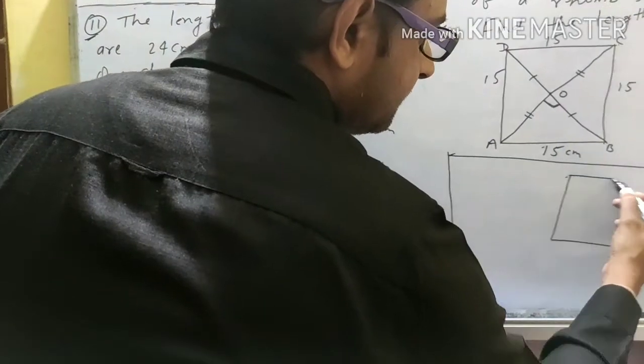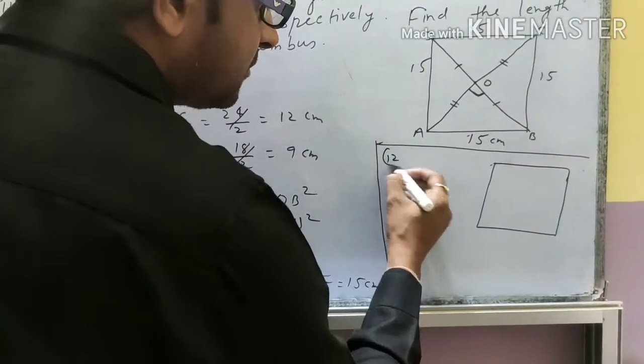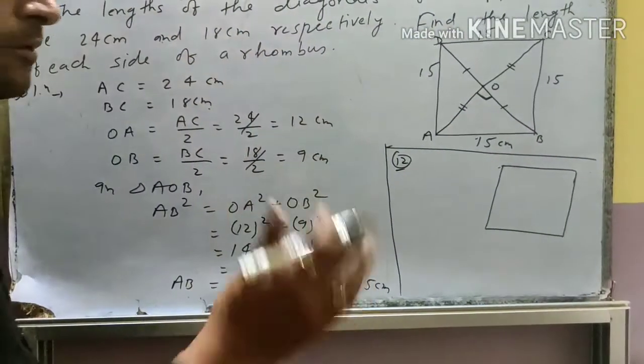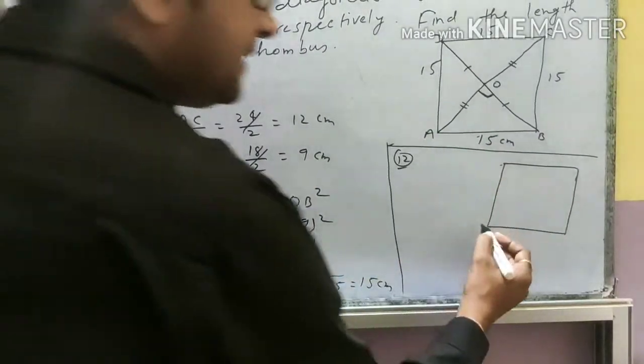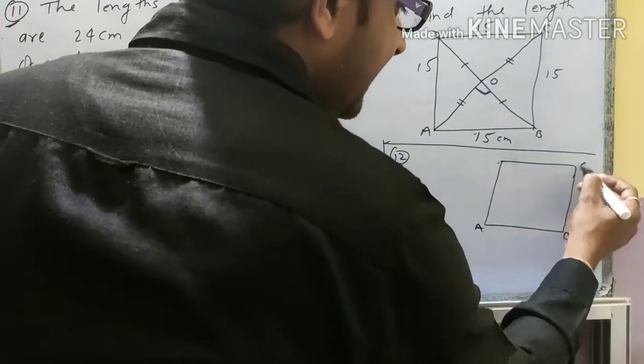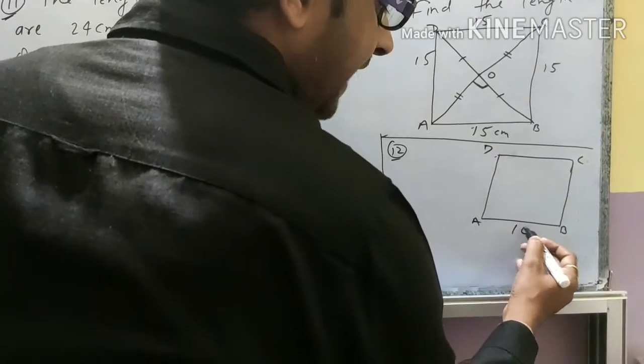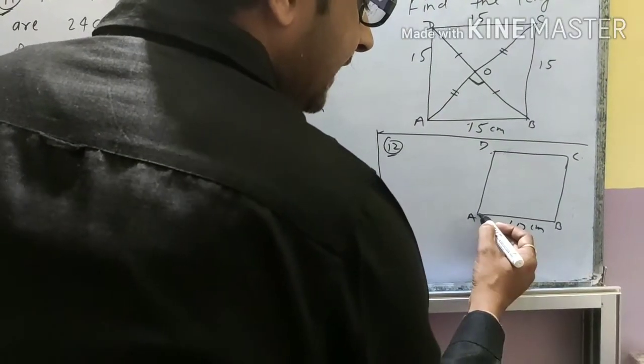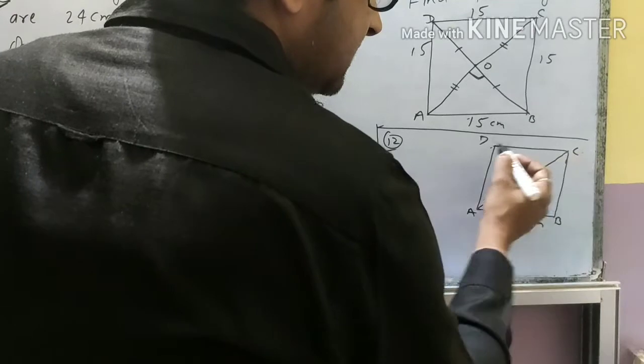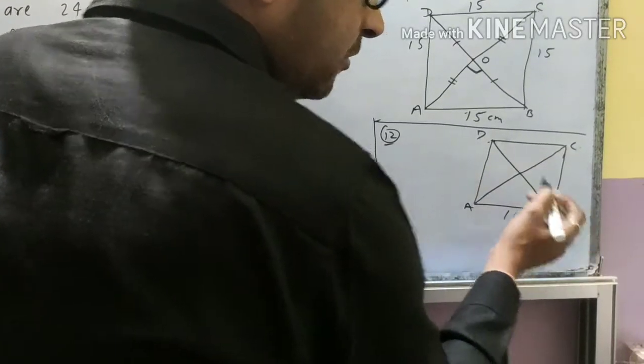Here students, a little bit of discussion about question number 12. Questions 11 and 12 are both in the same pattern. Okay, ABCD be the rhombus, and here the side is given as 10 centimeter and one of the diagonals is 16 centimeter. Find the other diagonal.